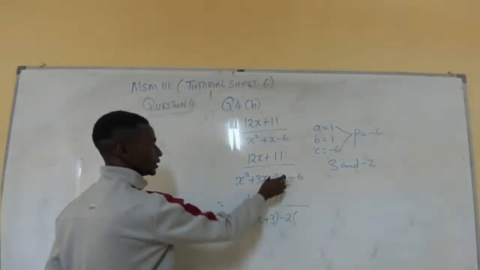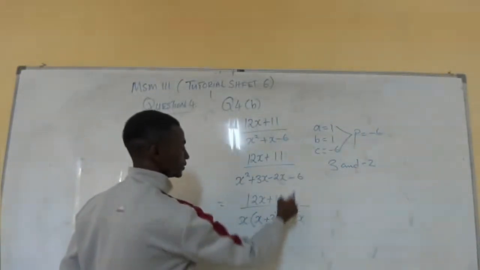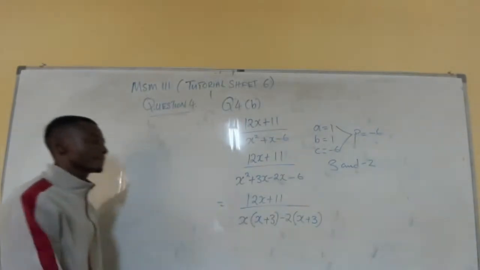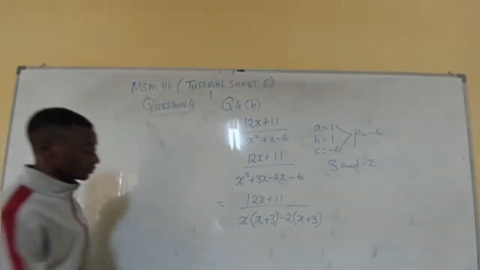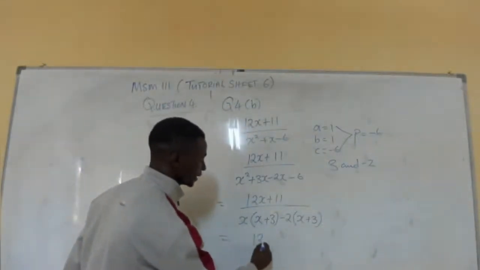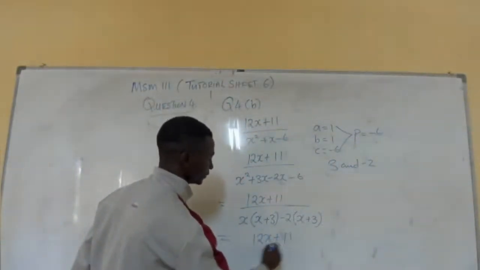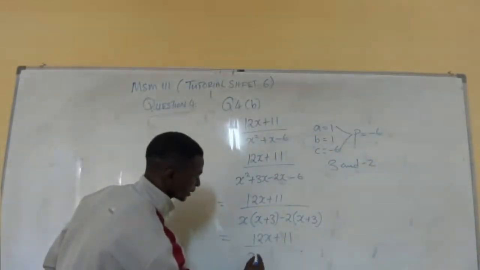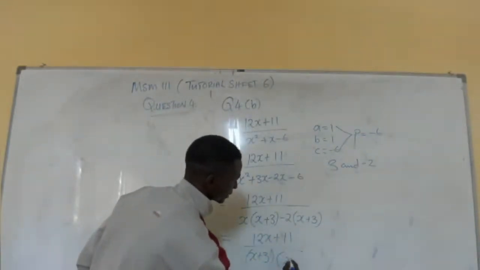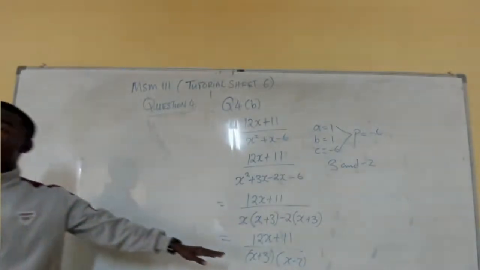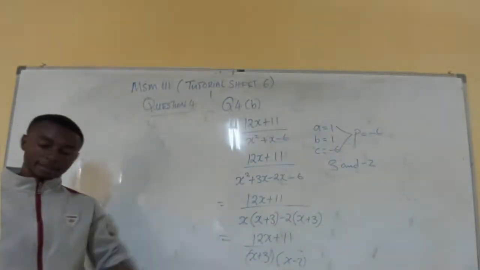Negative 2 into that is x, negative 2 into that plus 3. So now let's continue. We have 12x plus 11 over x plus 3, x minus 2. That's what you have.